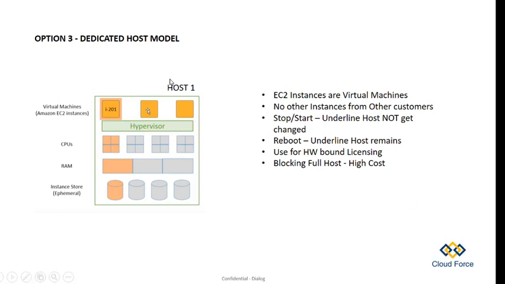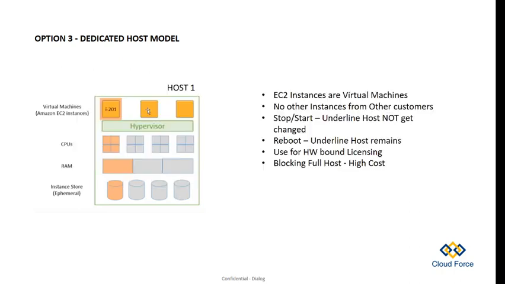Your license will not be compliant if it gets moved to another host. That's mainly why this method is there. Even if you stop and start, your host will never change. But remember, this is a very high cost model, because the host is blocked for you and is not used by other customers.